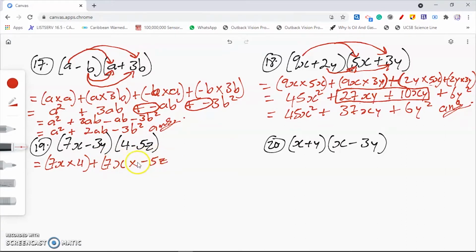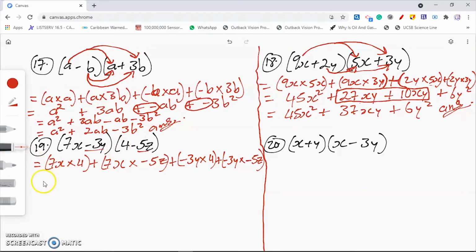I'm putting the negative inside here because I didn't account for it outside here. Plus negative 3y times 4, plus the same negative 3y times negative 5z. Good. Let me just put a separation here. Good. So let's continue.